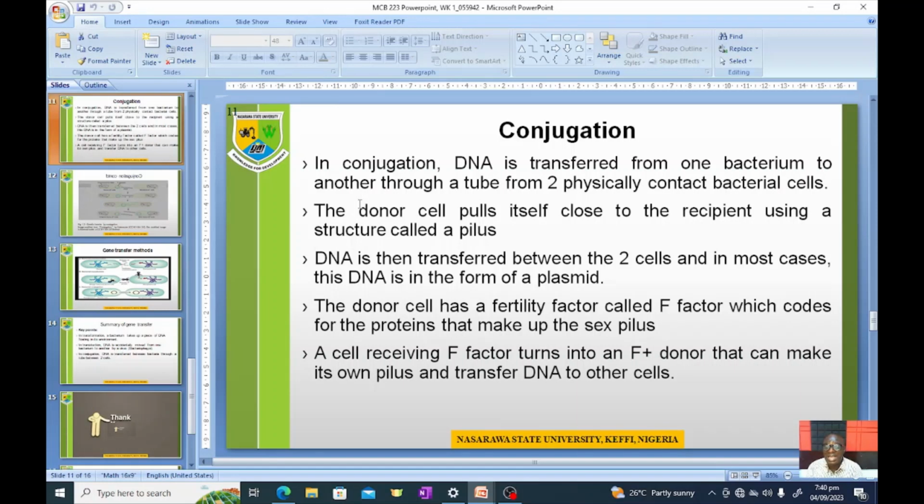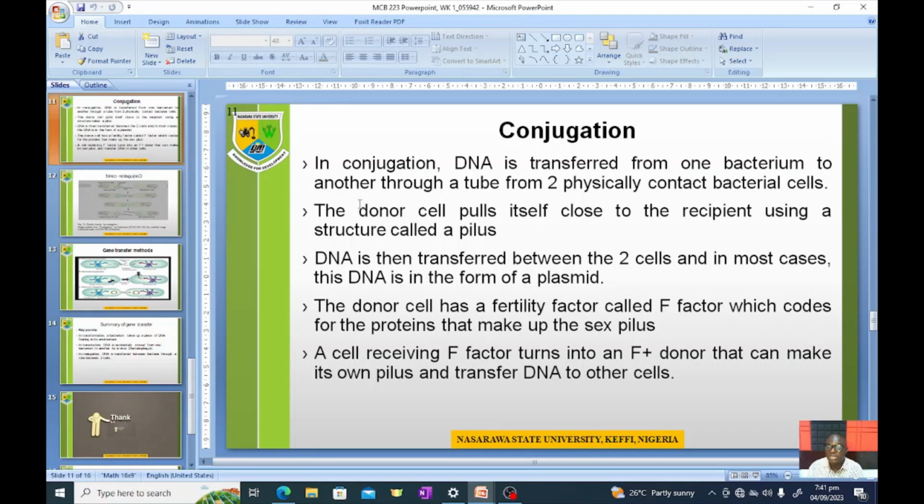The donor cell has a fertility factor called an F factor, which codes for the protein that makes up the sex pili, the F pili. Now, if any cell that hitherto did not have the F factor receives the F factor, it turns into an F positive donor and is able to produce its own pilus in singular, and is able to transfer DNA to other cells.